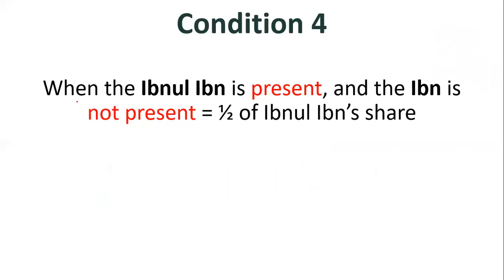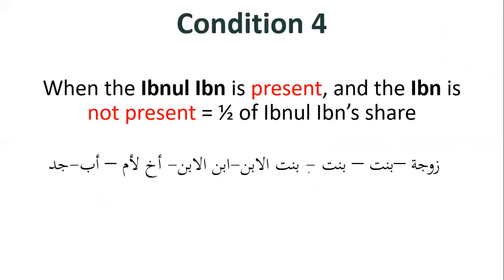Another example for condition number 4. Again, let's read the condition out loud. When the Ibnul Ibn is present and the Ibn is not present, half of the Ibnul Ibn's share. So I've made this example slightly different in that we said there are 3 relatives we're looking for: Ibn, Bint, and Ibnul Ibn.